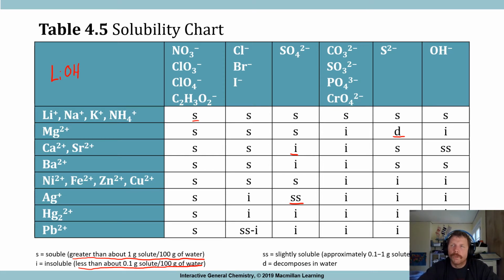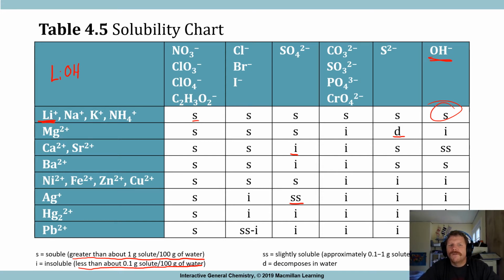Well, you could roll the dice and say, I bet that it's going to be soluble because it's a strong base. But this table right here, well, Li is found right here. Then what we want to do is look at each one of these columns and find the column that has hydroxide. And that column that has hydroxide is at the very end. And so in the first row versus OH, that's going to be soluble.